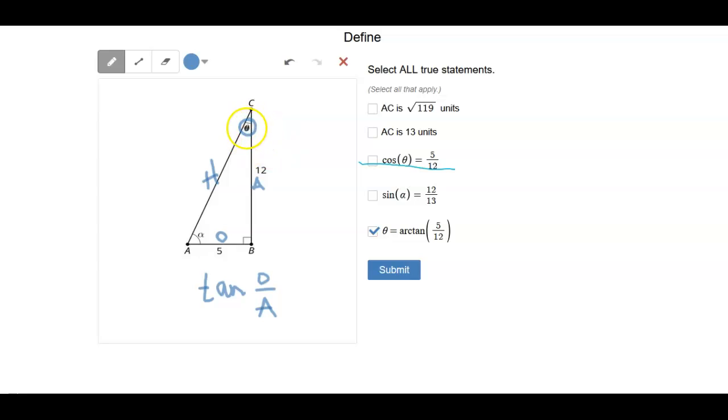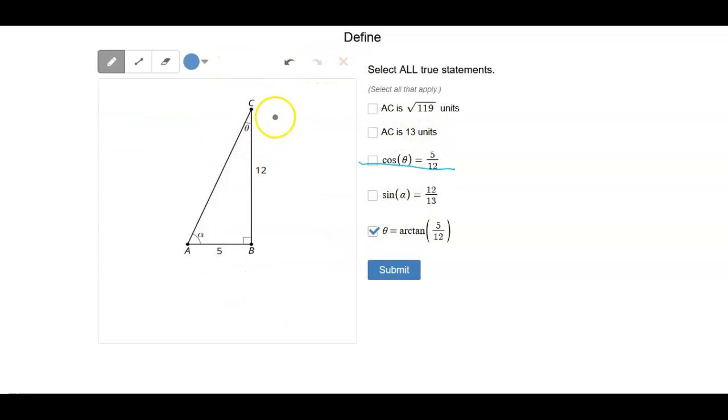Theta is the angle that we're working with, and so the opposite is 5, and the adjacent is 12. So this would be the inverse tangent of 5 over 12, which is the same thing as tangent inverse and arctan. Those are the same thing.